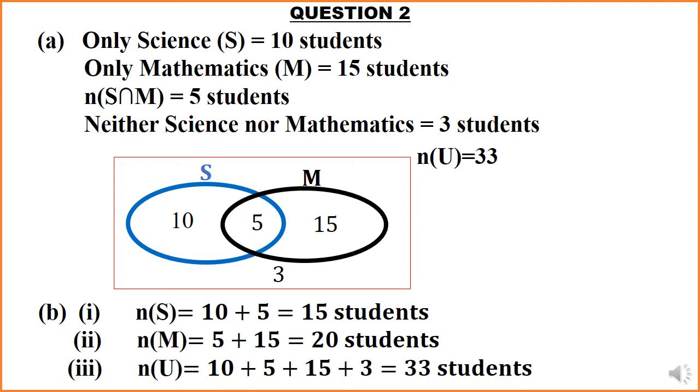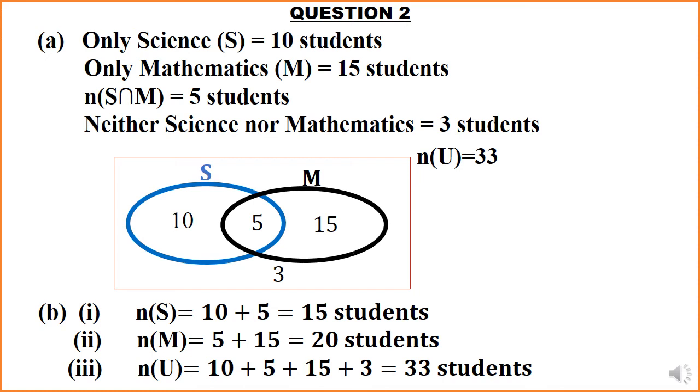So whenever the word only is attached to a sentence, that particular number of members for that sentence, we put it within the circle of that particular set. And you also don't subtract nor add the intersection members from it before putting this number of members within the circle of the remaining parts of the set.